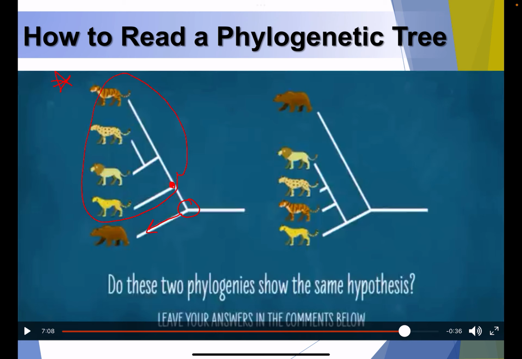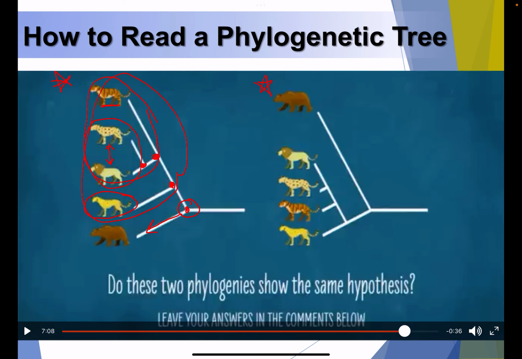Here's this branch point, I'm going to keep dotting the branch points, the cheetah with this group of species. Here's this branch point that goes with these two tigers, or this branch point that goes with sister taxa, lion and leopards. So in this phylogenetic tree representation, are we looking at the same thing?